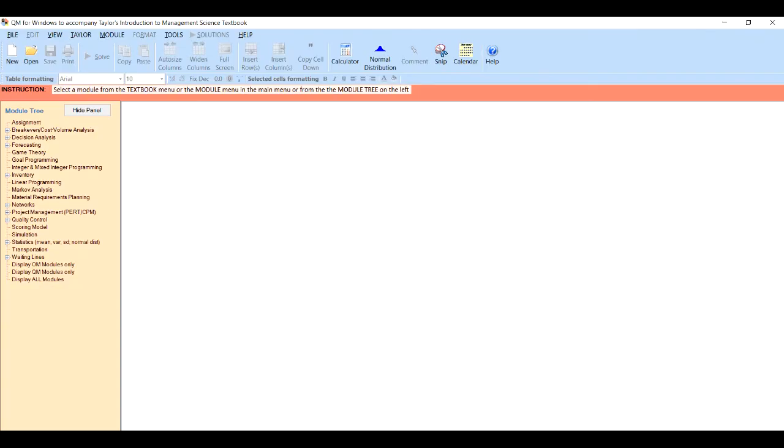Hello, everyone. In this second section, we're going to do two things. First, we're going to go through QM, and I'm going to do the marketing example. The reason we're doing QM first is because at this level of difficulty, it still remains largely a much easier program to use. It won't always be that way.